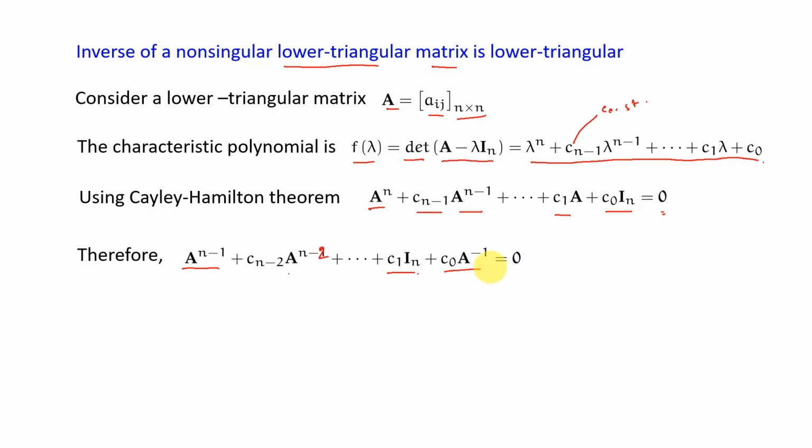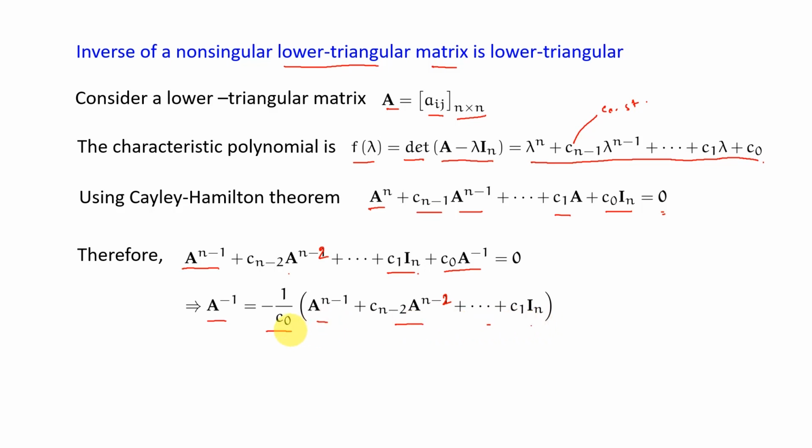Using this equation we can find A inverse, and my A inverse will be given by minus 1 by c naught, then within brackets I have A to the power n minus 1, c n minus 2 A to the power n minus 2, etc., up to c1 I.